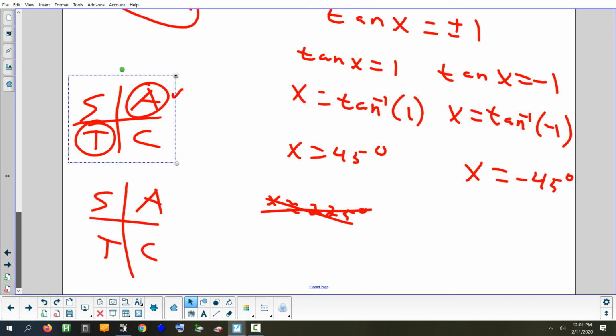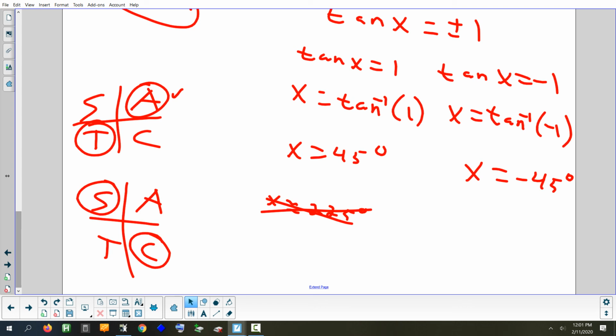We've got negative 45. What quadrant is that in? Right there. Where else is tangent equal to a negative number? Here. All right. So your reference angle, remember, the reference angle is always positive. The reference angle is 45.